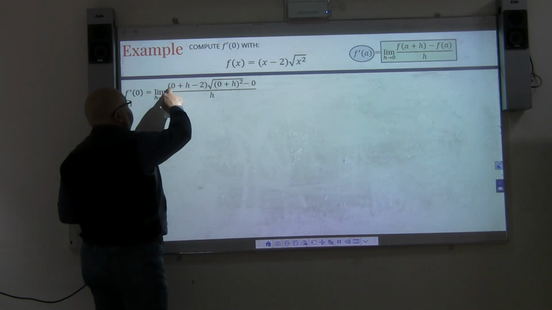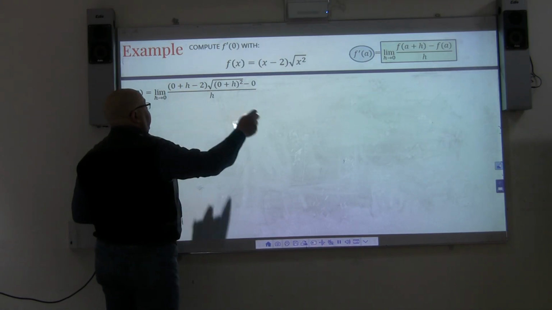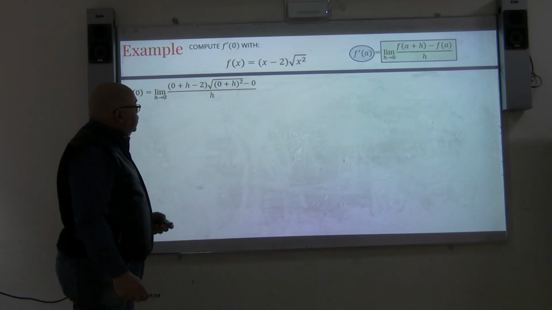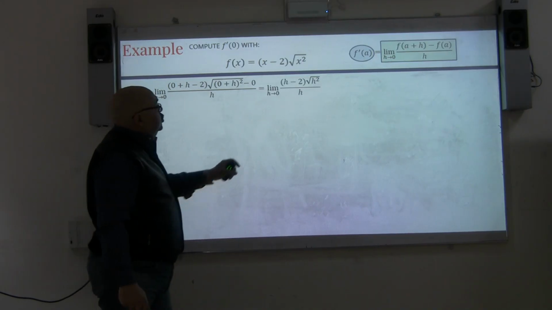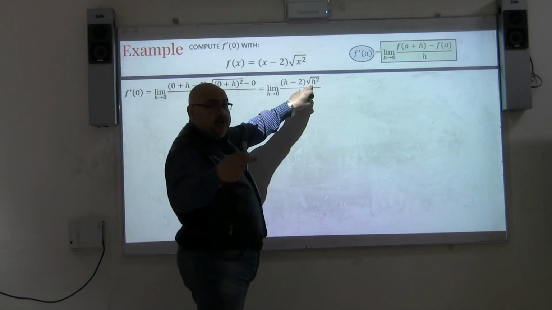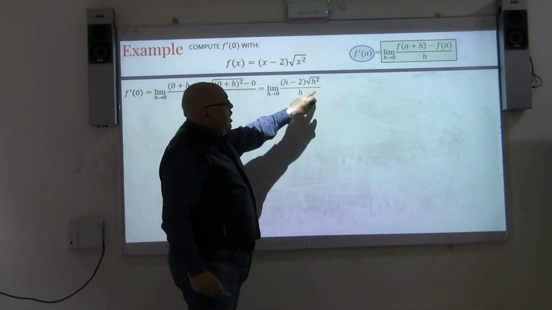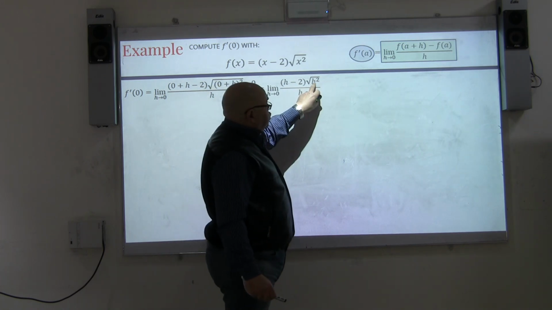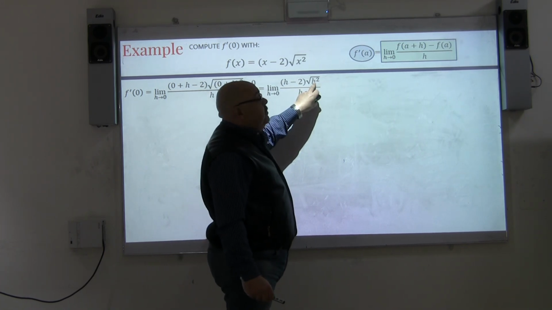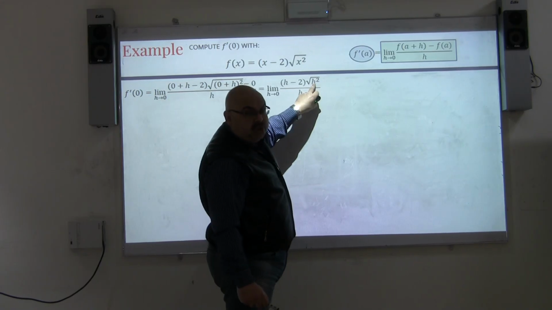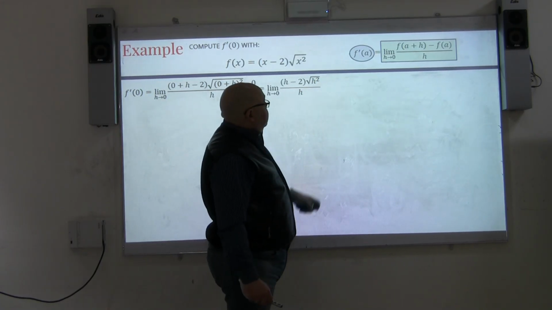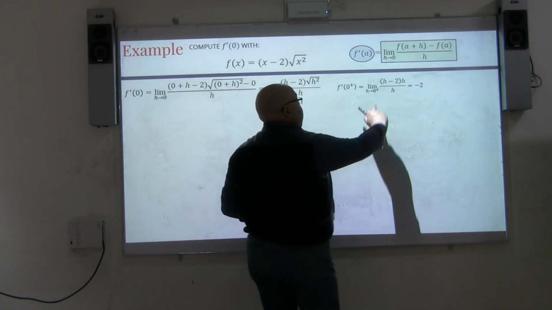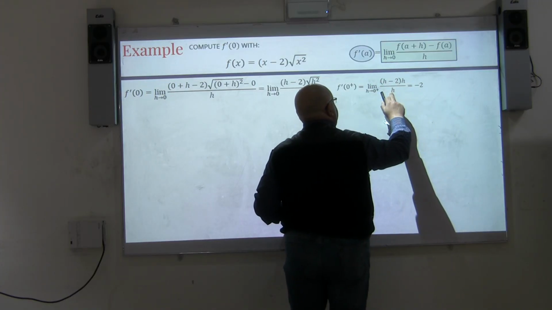Of course, 0 plus h minus 2 will leave you with h minus 2 times the root of h squared. Before we go further, if you remark, if I take the square root of h squared, yes, you are right, it's going to be positive or negative h. So if it is positive h, the result will be (h minus 2h) over h.